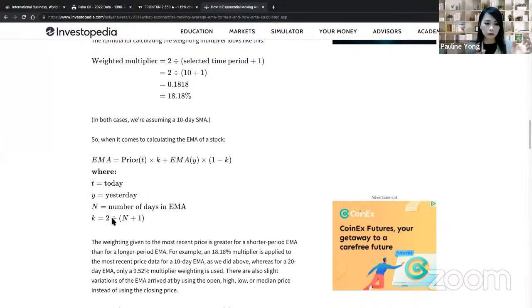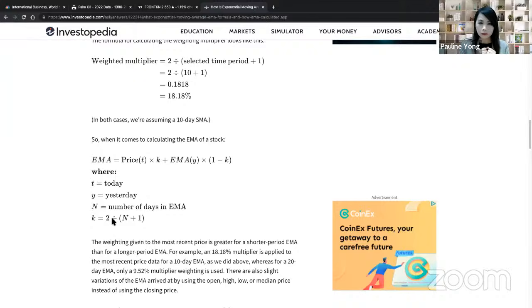So in fact, that means I'm trying to put more weight on the recent price. The recent price will be day 1, the most recent one. By the time it goes to 10 days ago, that's a long time ago, so my multiplier will be much smaller.